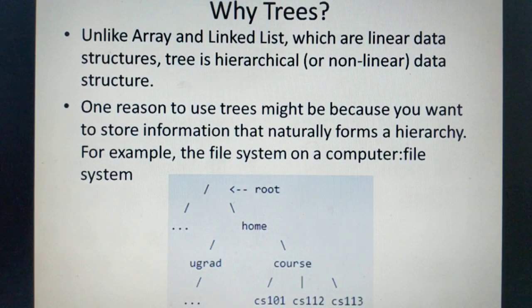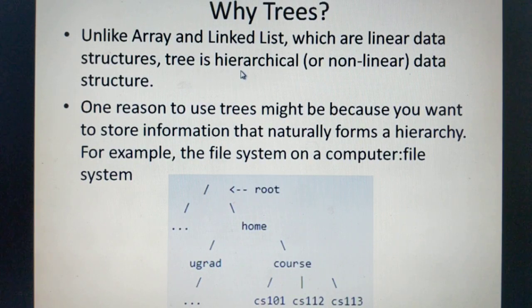Next, we discussed what a tree is, then a binary tree, then different definitions. Now let us see why trees. Basically, unlike array and linked list, which are linear data structures, a tree is a hierarchical data structure. So here we can store the data in a hierarchical fashion.